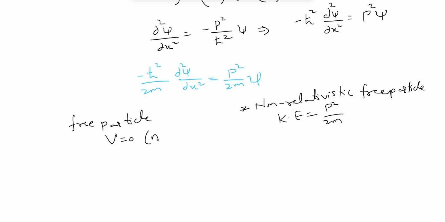Potential is zero; that implies no external force, for example gravitational force or electromagnetic force, force due to electric field or magnetic field, and so forth. When a particle is not subjected to any of those forces, then it is a free particle. This is just a definition of what a free particle is, which is very important to distinguish it from the potentials and so forth.